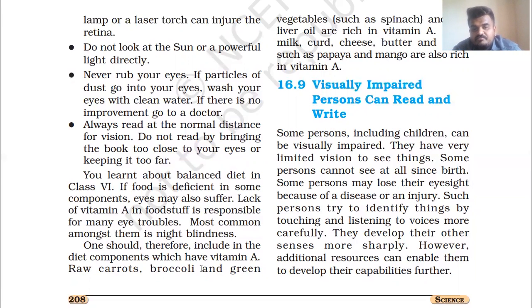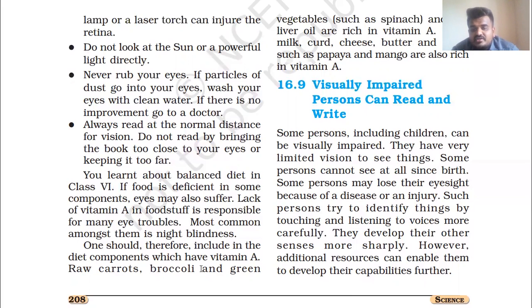Some persons, including children, can be visually impaired. They have very limited vision. Some persons cannot see at all since birth. Some persons may lose their eyesight because of a disease or an injury, by some accident.